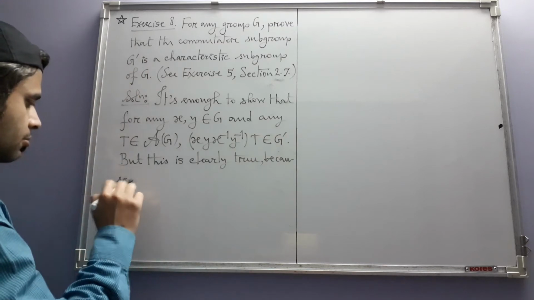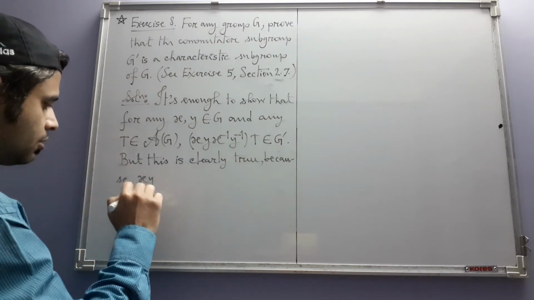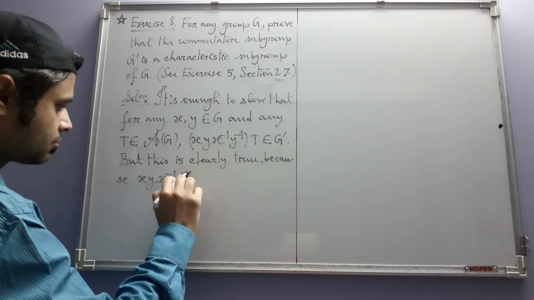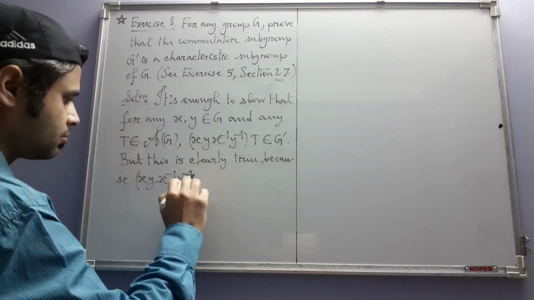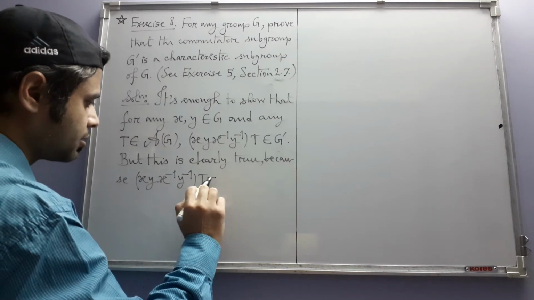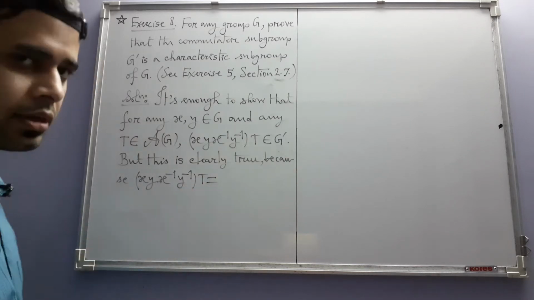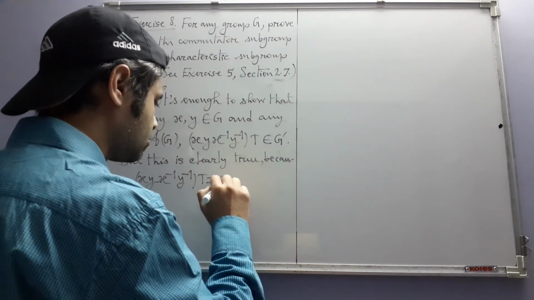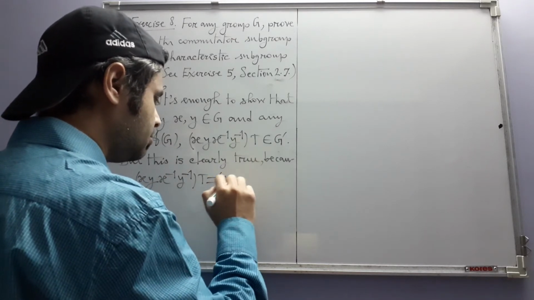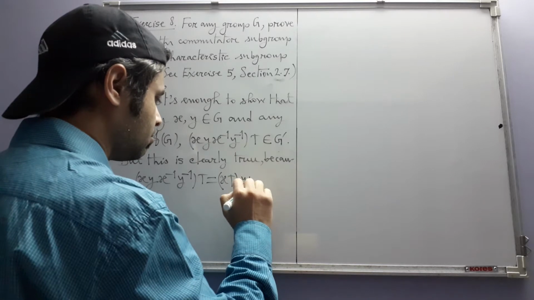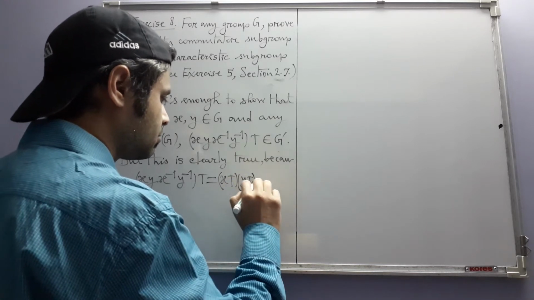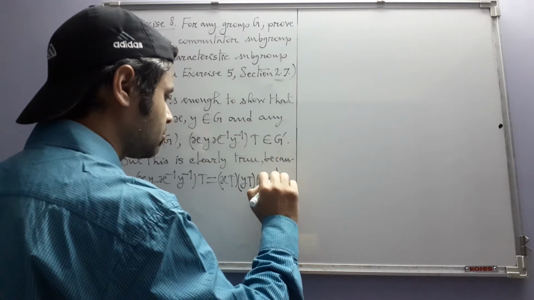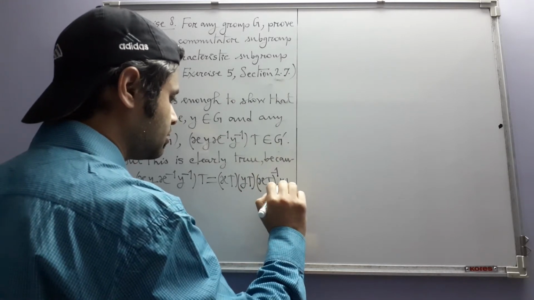because x y x inverse y inverse under T, using the fact that T is a homomorphism, can be written as xT, yT, xT inverse, yT inverse.